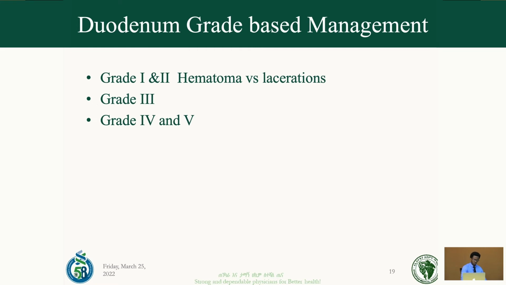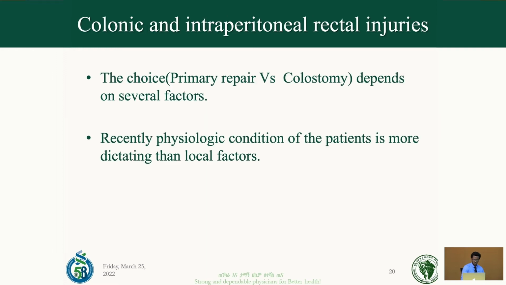Lacerations of grade 1 and 2 injuries are supposed to be repaired. In grade 3 injuries, the usual and preferred management option is resection and anastomosis. For destructive grade 4 and 5 injuries, this group of patients usually mandates damage control surgery, and the preferred management is Whipple's procedure.